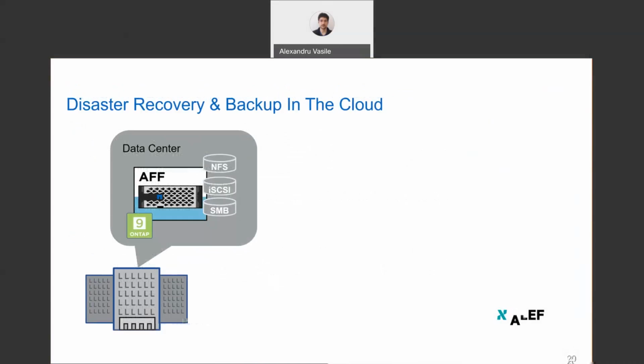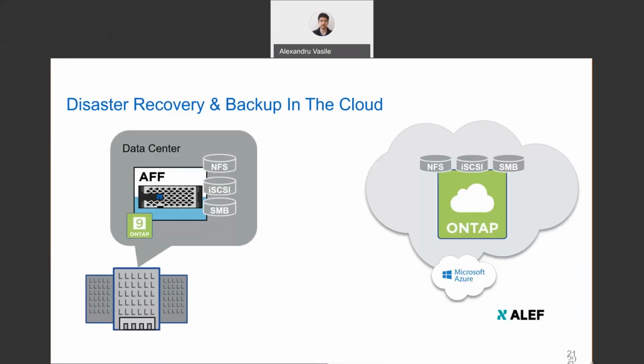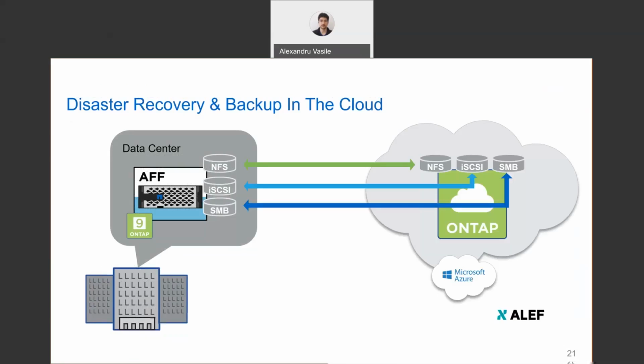All right, let's take a look at how disaster recovery and backup to the cloud looks. We have a data center on premises, and we have a CVO deployed via Cloud Manager in Azure, and we make a relationship based on SnapMirror.